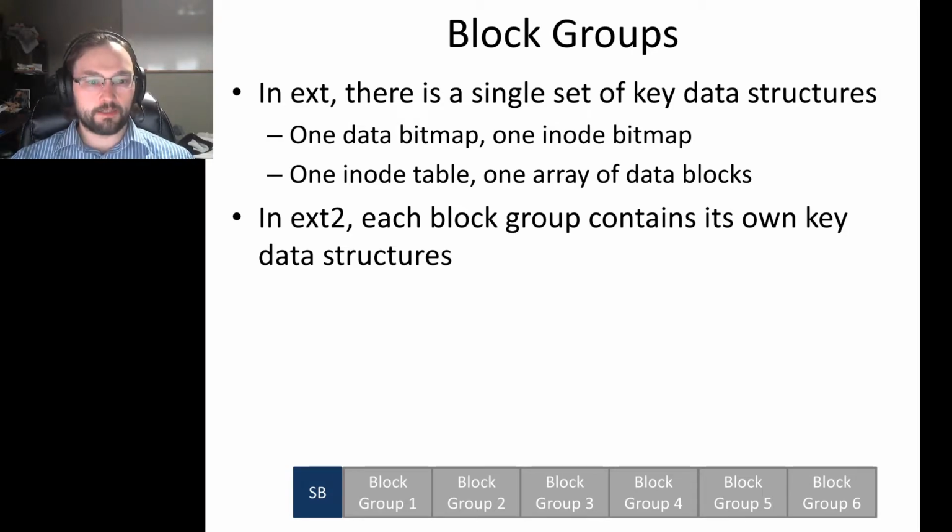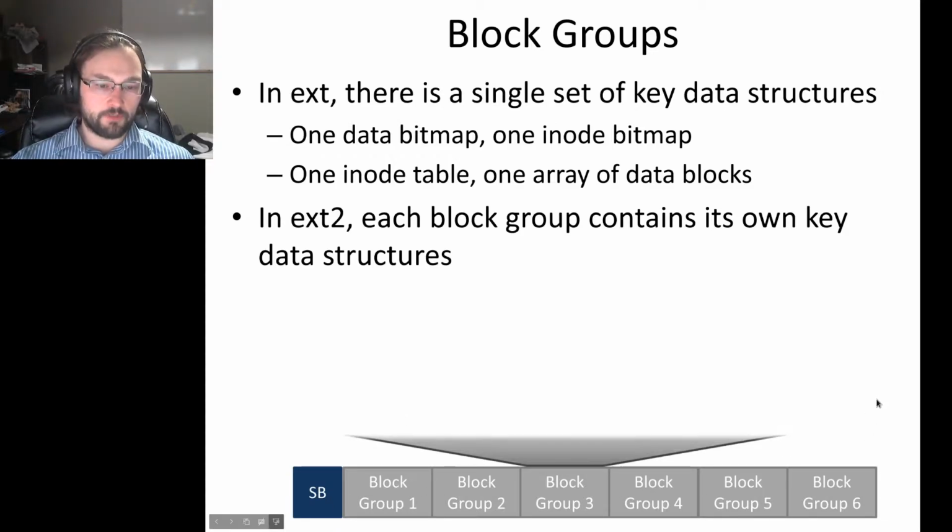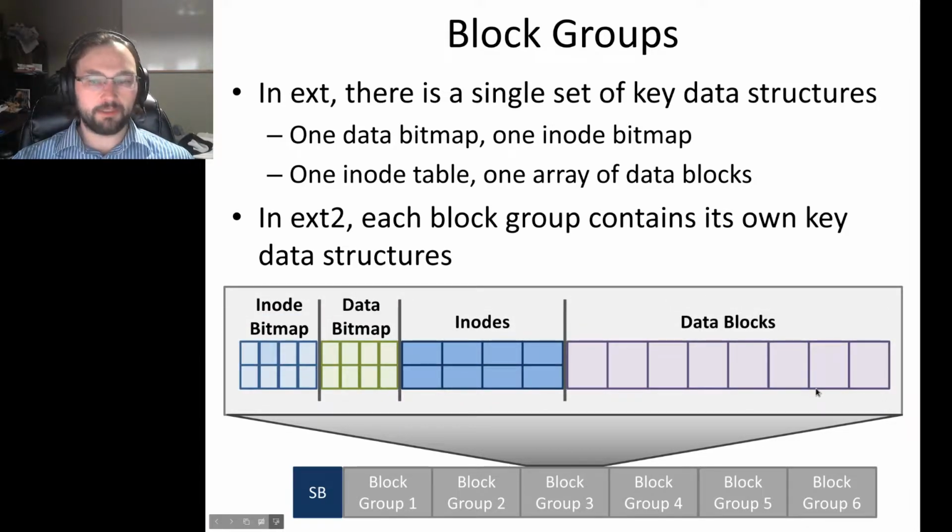So the idea here is that we're going to have multiple copies of an ext1 style thing. So we have our super block, and then we have a series of block groups. And each one of these block groups is a complete ext1 style file system. So block group 3 here has its own pair of bitmaps, its own collection of inodes, and its own data blocks.